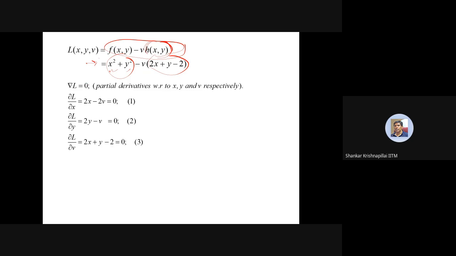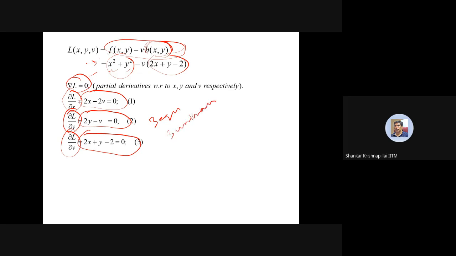Now you put the first derivatives of L equal to 0. Partial L by partial x equal to 0 will give this equation. Partial L by partial y equal to 0 gives this equation. Partial L by partial nu equal to 0 gives this equation. So you have 3 equations, 3 unknowns.